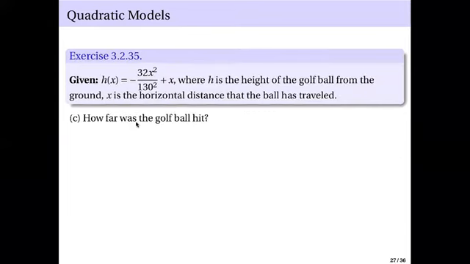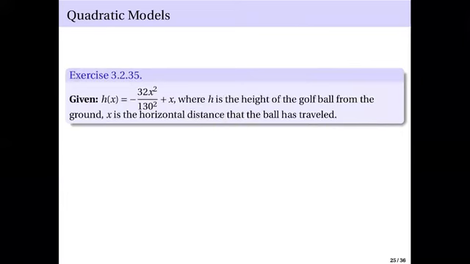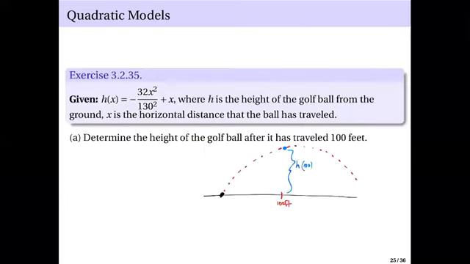And then, how far was the golf ball hit? From here, let us go back to the sketch that I made. According to our calculation, this is not accurate. So maybe this is your 300 feet here. So this will be h of 300.